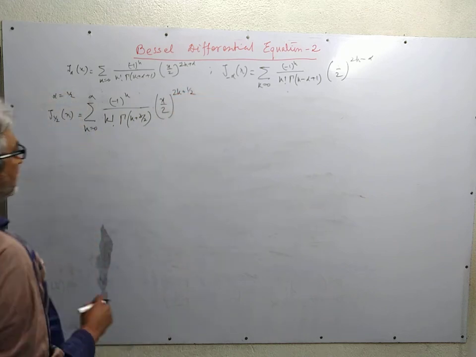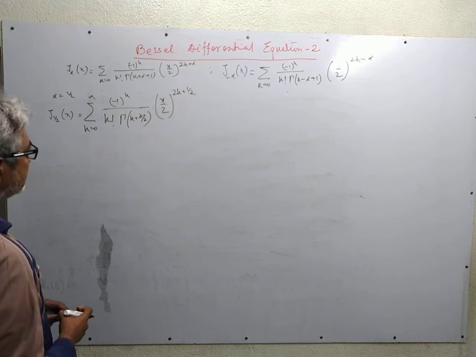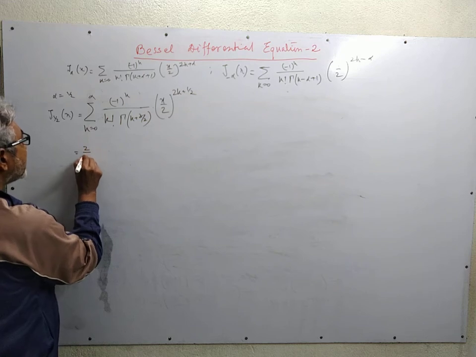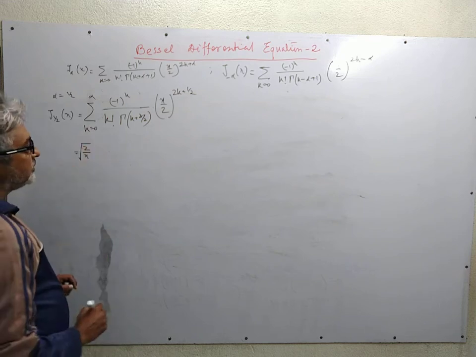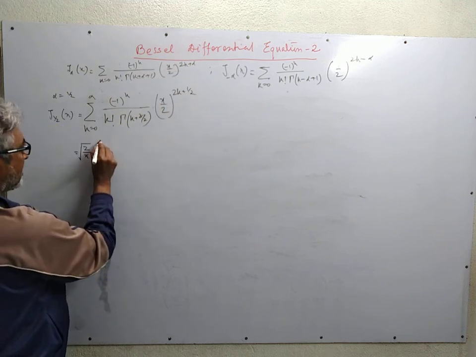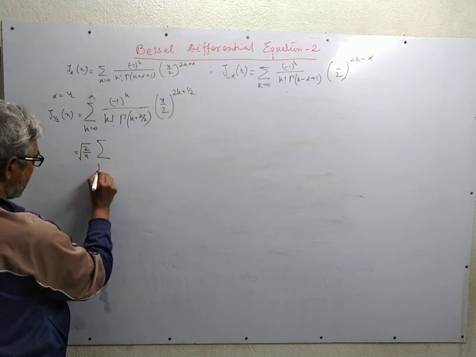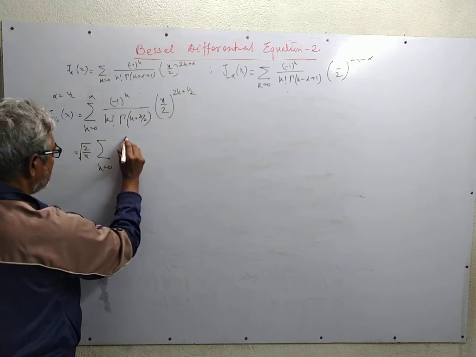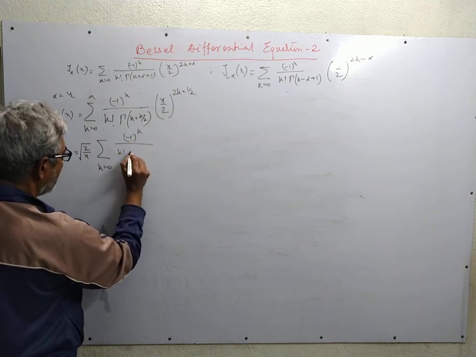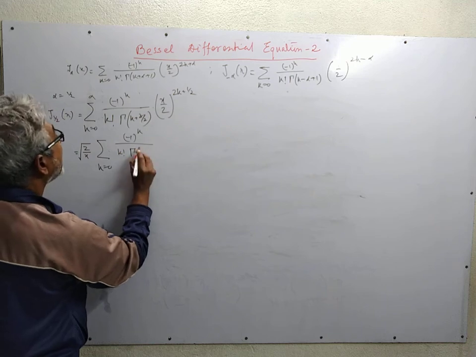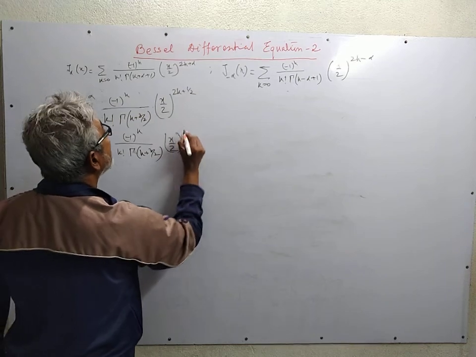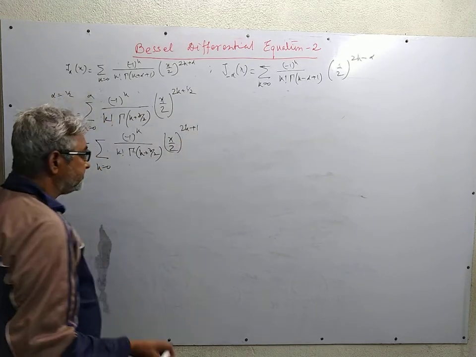We take this out. So we write it as 2 by x to the power square root, so that this will be 2k plus 1, and we have gamma of k plus 3 by 2, x by 2 to the power 2k plus 1.